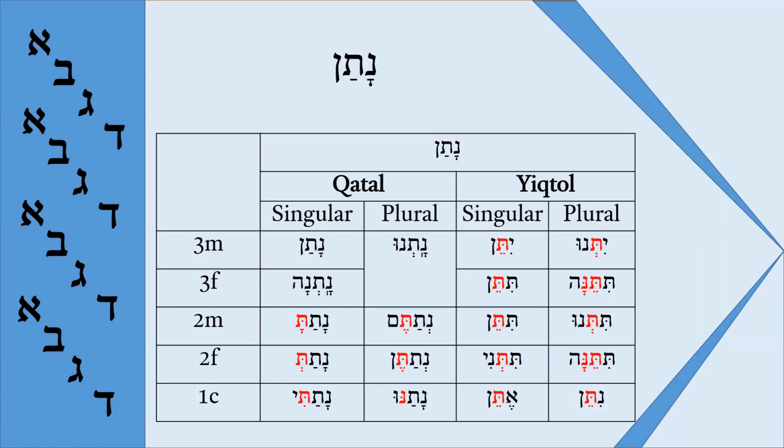Katal is always past, except the Katal construction, but we will study it during the readings. Yiktol could have many different meanings, like modal meaning, but to simplify everything, we will always translate Yiktol as future and Katal as past. Okay?